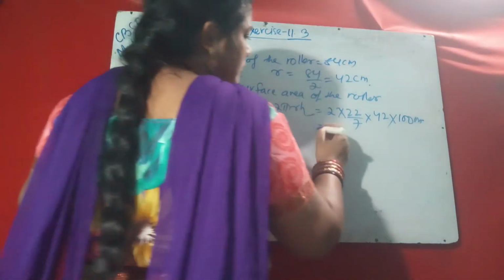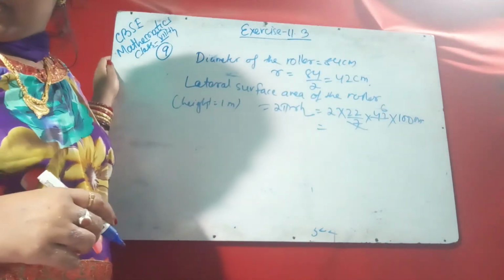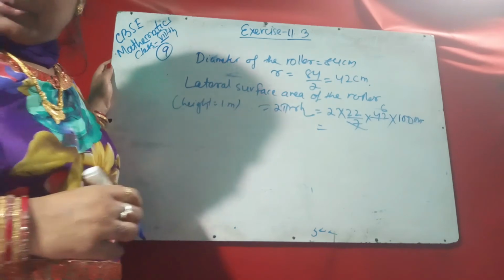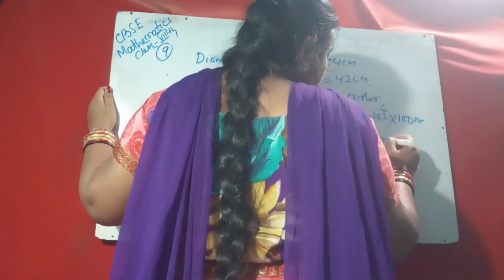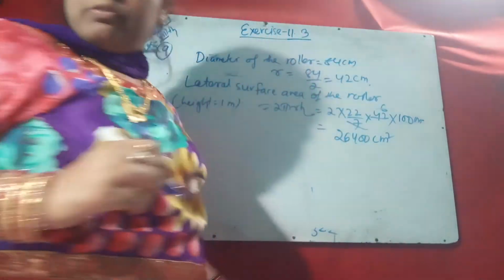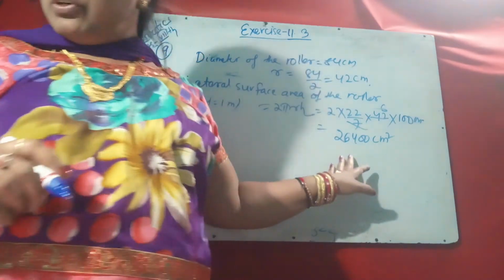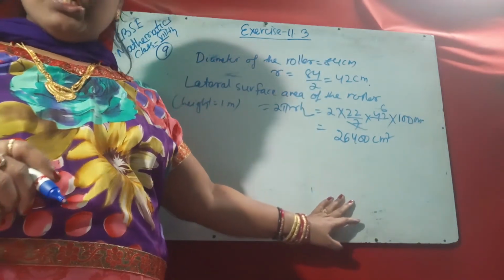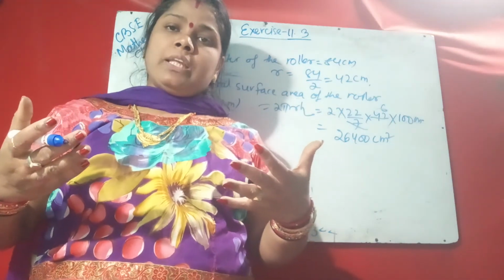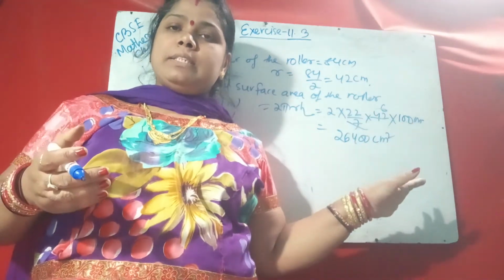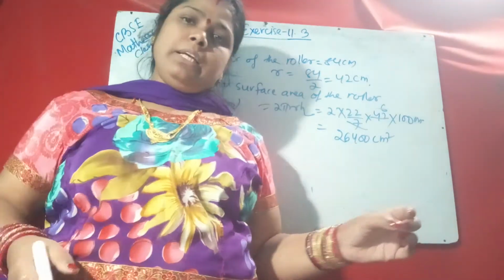You solve it: 7 sixes are 42. When you multiply you get 26400 centimeter square. How many revolutions does the roller take? 750. So if you multiply the lateral surface area by 750, you will get the complete area of the road.